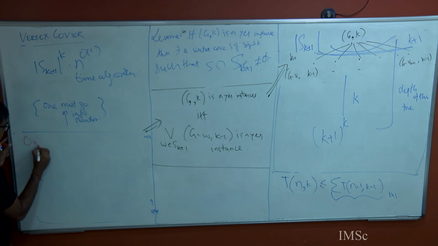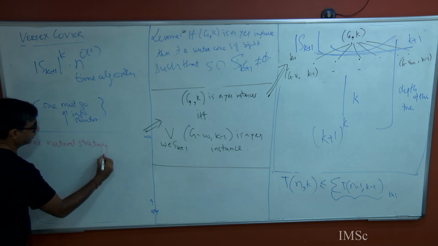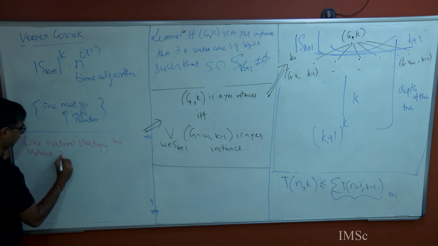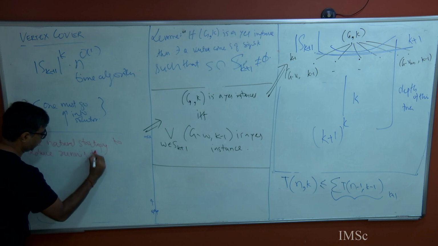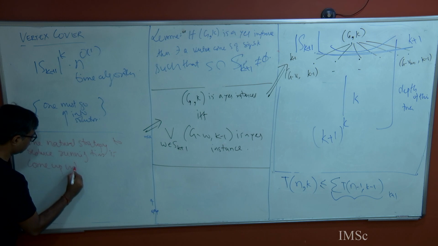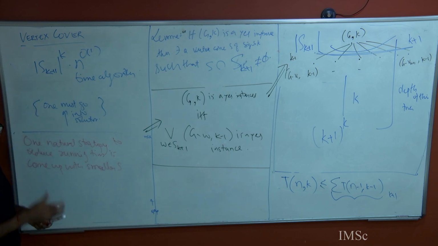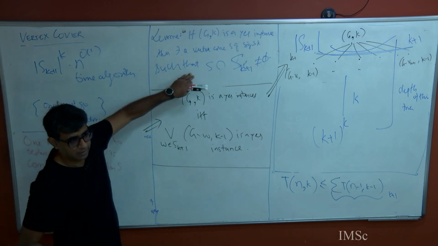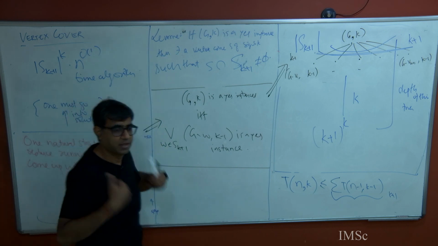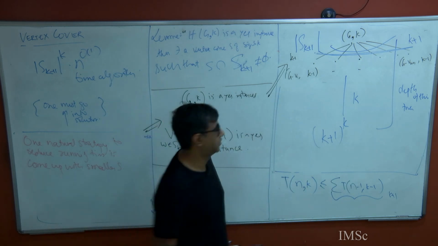So one natural strategy to reduce running time is to come up with a smaller S. Now what is the meaning of this smaller S? So let's try to refine this lemma. Refine means, what I mean is my wishful lemma. Let me write a wishful lemma. So this is my wish.